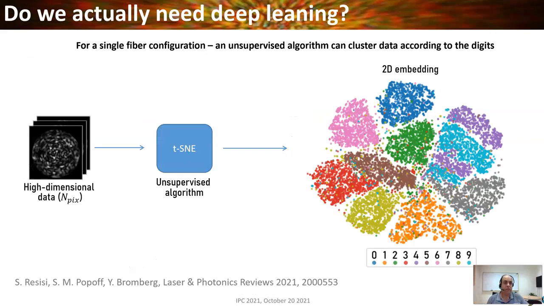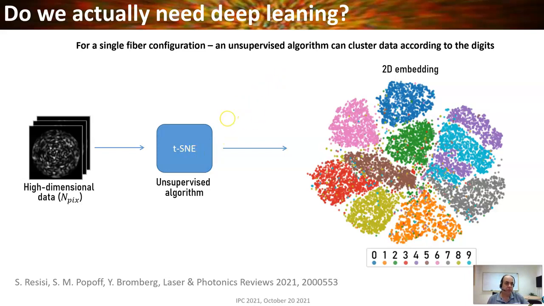Based on the fact that some correlations are still present, even for strong perturbations, it is important to ask whether we really need the heavy machinery of deep learning to reconstruct the digits. To answer this question, we try to embed the high-dimensional data spanned by all the output speckle patterns in a two-dimensional space using an unsupervised algorithm called t-SNE that applies nonlinear dimensional reduction.